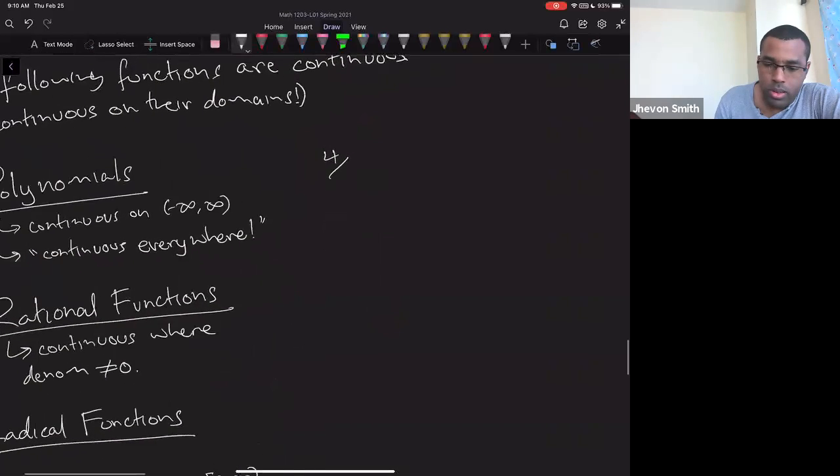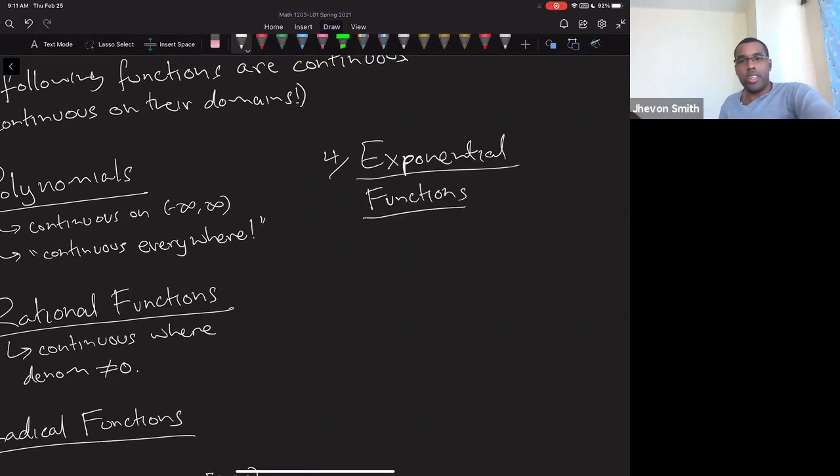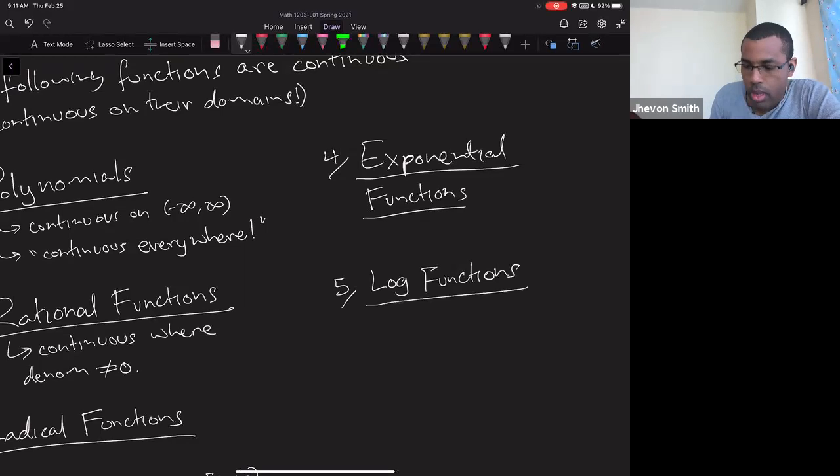For exponential functions, we looked at those at the beginning of class. Very important functions. Most important function in calculus belongs to this class of functions. Continuous on their domain, again, you know what those guys look like, the e to the x function. Five, logarithmic log functions. Now, it's kind of strange here that, remember, we know that log functions are actually inverses of exponentials.